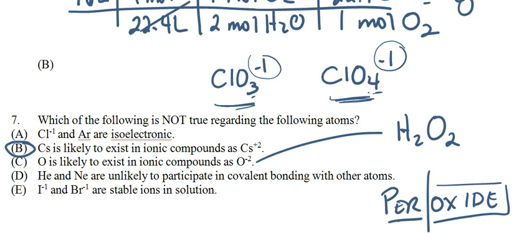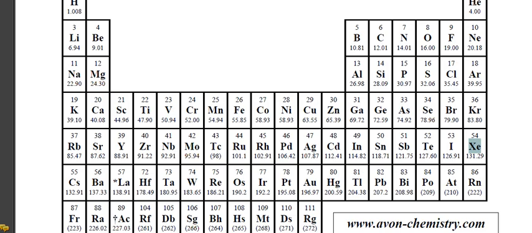Alright, letter D. And again, we're just proving that these are true. Helium and neon are unlikely to participate in covalent bonding with other atoms. That is a very, very true statement, because when we look at helium and neon, they don't want anything to do with anyone else. Now, when we get down here at krypton, xenon, and radon, we're getting into some pretty big atoms here.